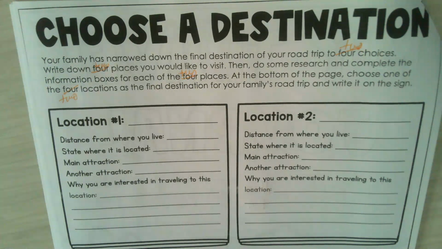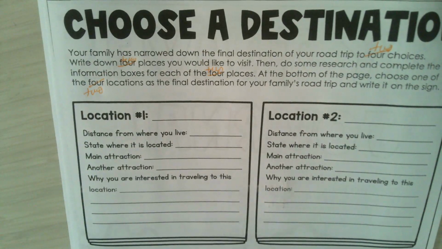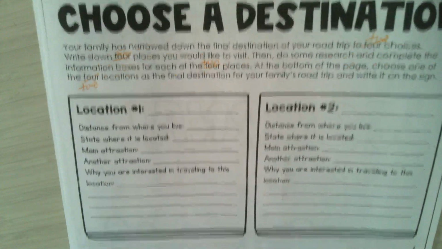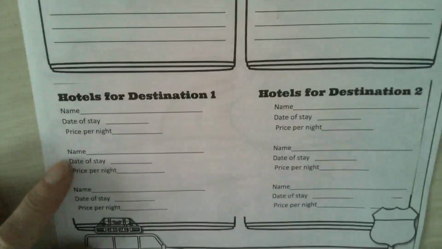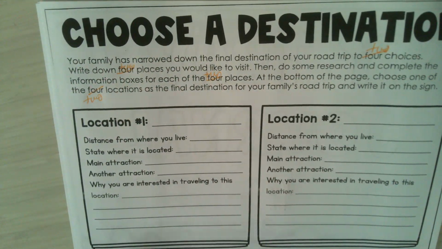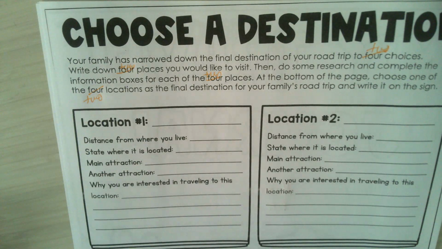Okay, so right now you can use your Chromebooks to find 2 places you would like to go. Answer these questions. Do not do the hotel destinations yet. We're going to do a worksheet to help us understand what to do in that section. So right now, 2 locations of places you would like to take a road trip.